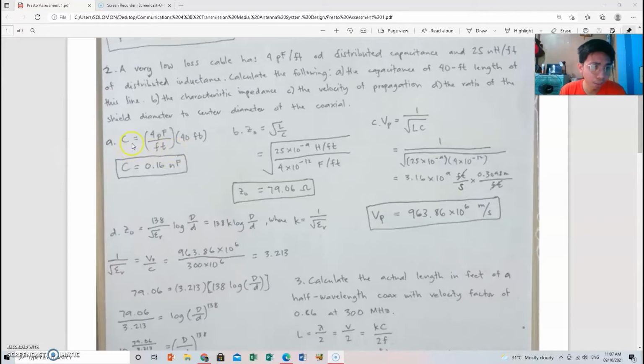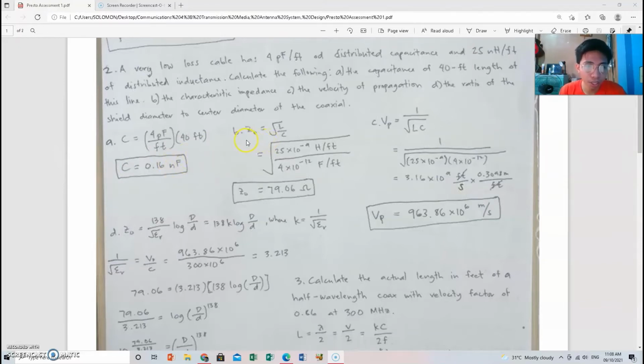So it is simply capacitance will be equal to, since we have the given value 4 picofarad per feet, okay, of distributed capacitance, so we just simply put 4 picofarads per feet multiplied by 40 feet, since we are calculating the capacitance over 40 feet of this line. So simply, capacitance will be equal to 0.16 nanofarads, okay, for the 40 feet length.